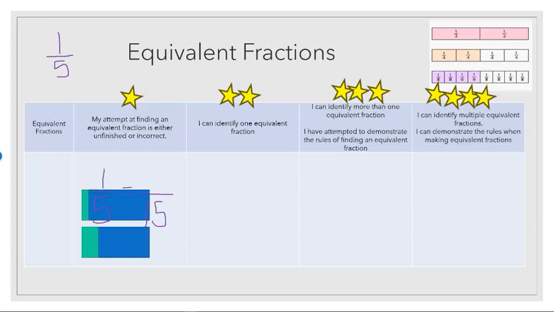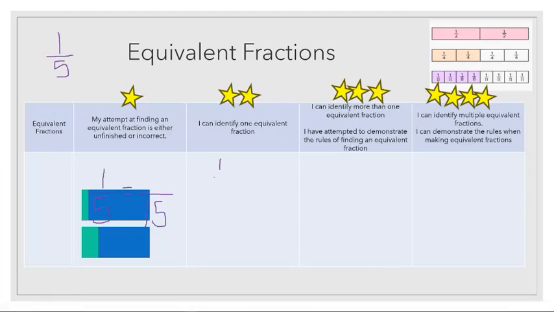You might have done it like that, and that's 1/15. Here's 1/5 and here's 1/15, and that's obviously going to be incorrect. So I guess that's the way that we would mark you on 1 star.